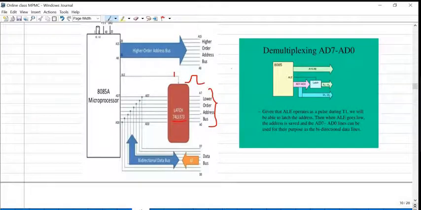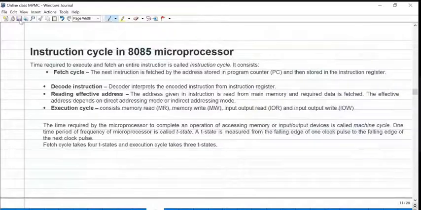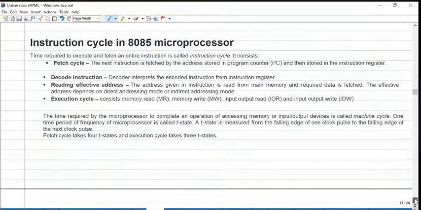In the remaining clock pulses, we may utilize these buses for carrying data transfer. In today's class, we'll start the instruction cycle in the 8085 microprocessor and how to draw the timing diagram for each and every instruction.